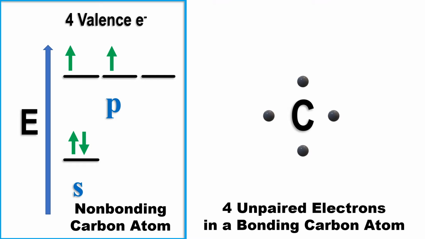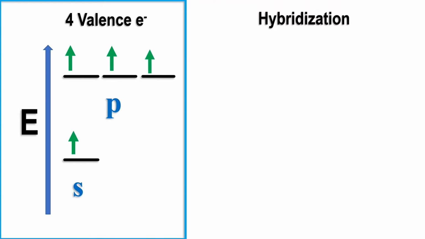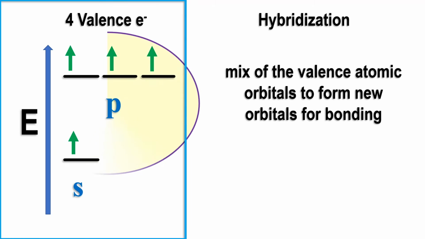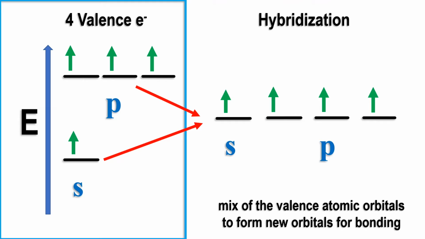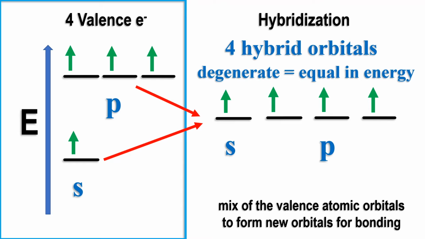This is hybridization theory. Hybridization is a mix of the valence atomic orbitals to form new orbitals for bonding. Imagine if all 4 valence orbitals mix, 1 s orbital and 3 p orbitals. The result is 4 hybrid orbitals, all degenerate, which means equal in energy.